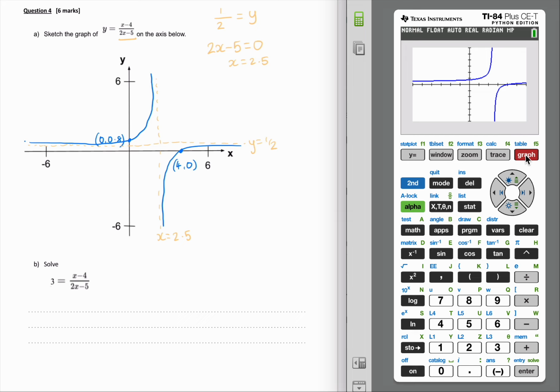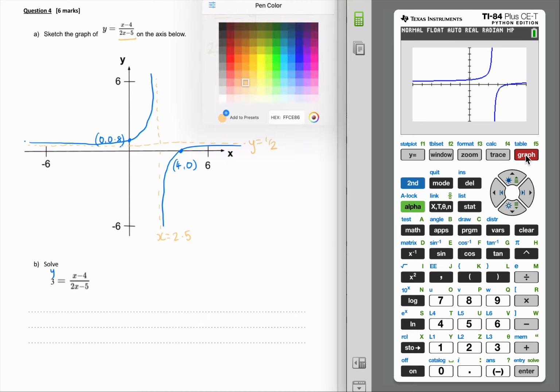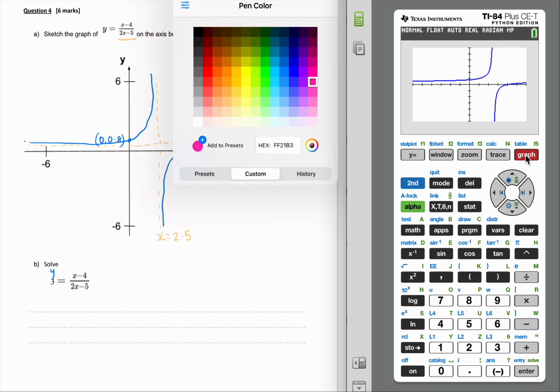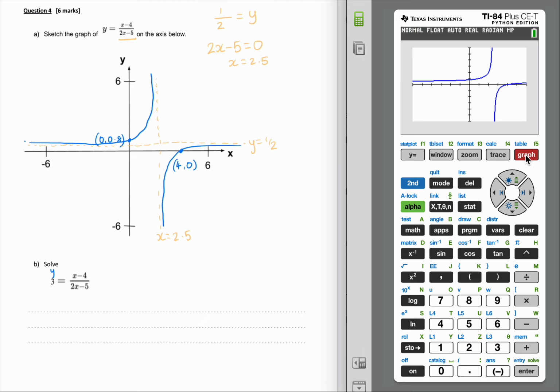And then I need to solve when 3 equals x minus 4 over 2x minus 5. So that's just when is my function equal to 3? My original question was y equals. So essentially I've replaced that for the 3. So let's do that in pink, for example.